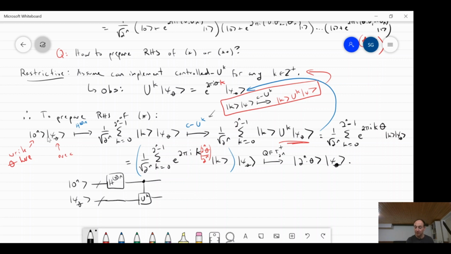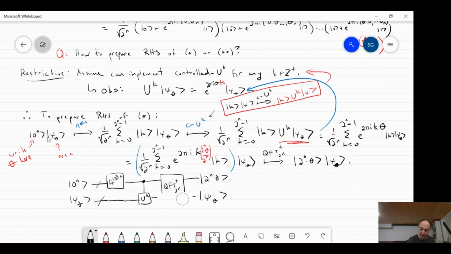And then you're basically done, right? Then you just invert the Q of t. And what you'll get is 2 to the n theta over here, and here nothing will happen to psi. Oh, sorry, this does not belong here.